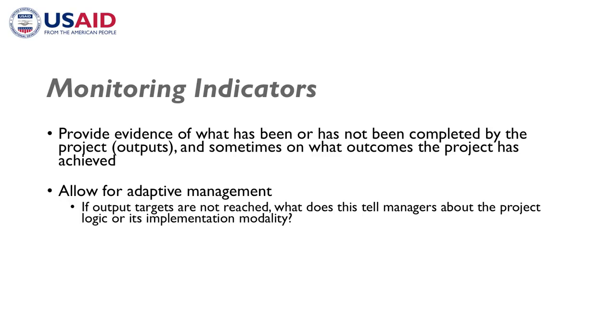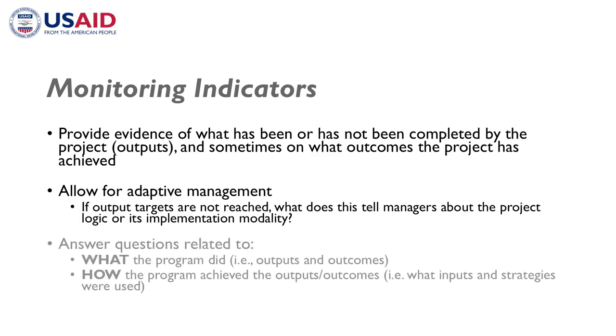Monitoring indicators tend to answer questions related to what the program did. Again, these are sort of outputs and outcomes of the project, and how the program achieved those outputs and outcomes. So what were the inputs and the strategies used to achieve the outputs and outcomes of the project?